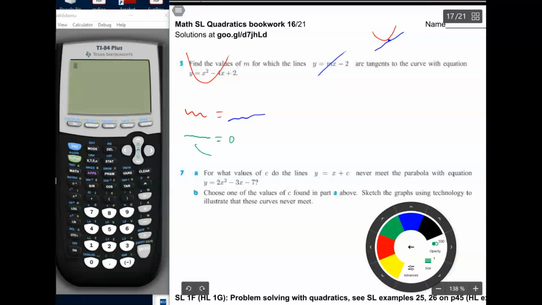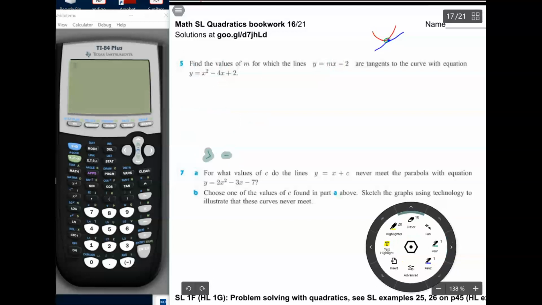And when this green equation only has one real root, when the discriminant equals 0, that's when it touches only at one point. Okay? So let's try it out.